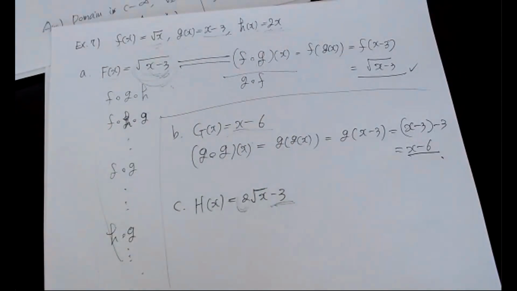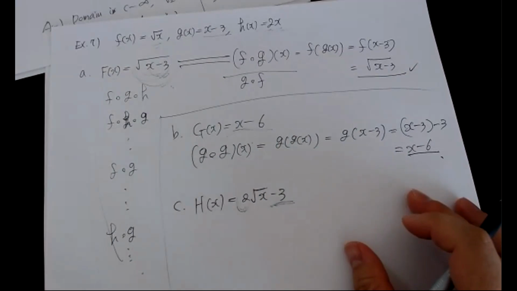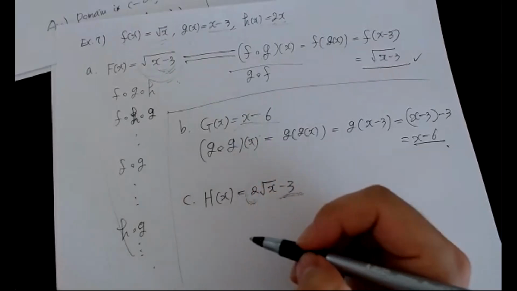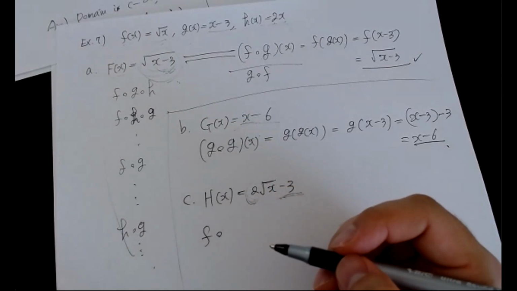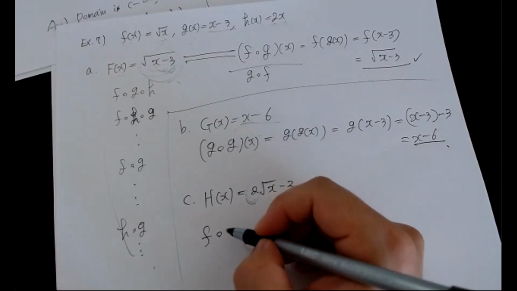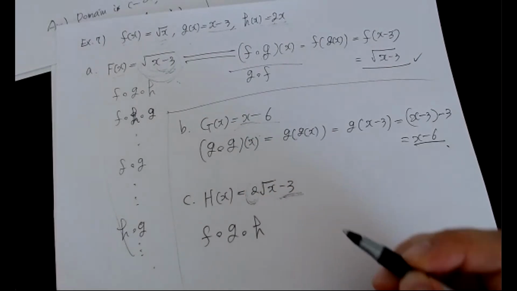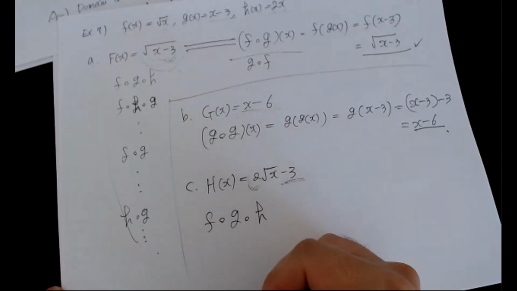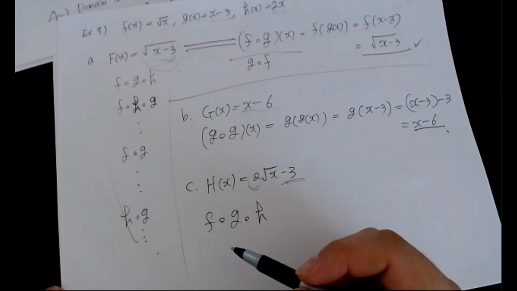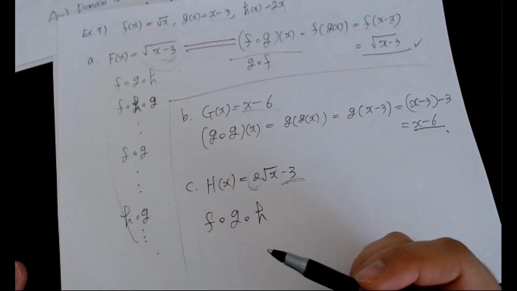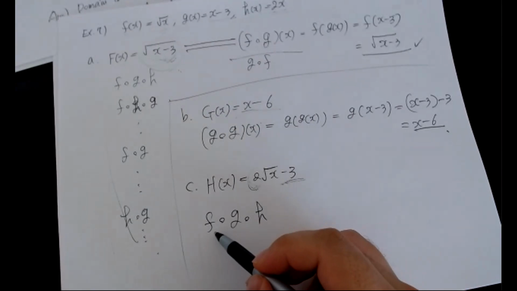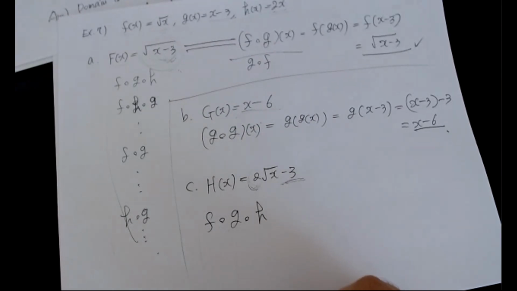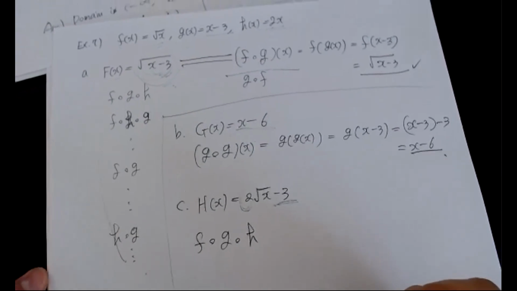So f, g, and h, all three functions must be involved in the composition. But actually we have 6 possibilities, right? How many possible cases are there for combinations of f, g, and h? 6, right? Do we have to do all of them? First, think about this.